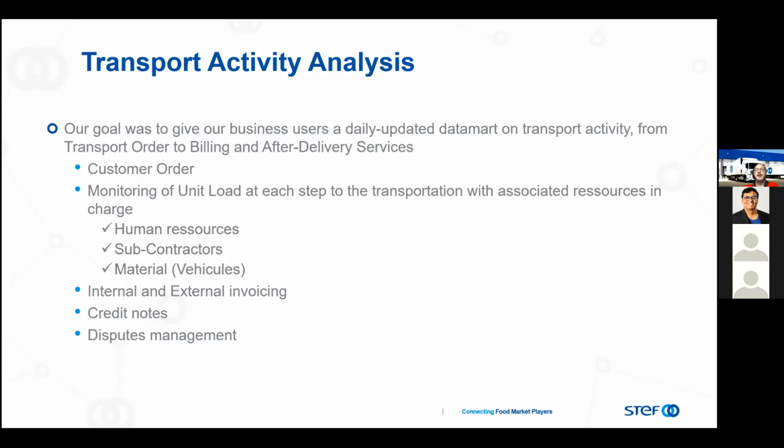When staff end dealing with the customer product, there is of course invoicing, external and internal invoicing, internal between the different sites, credit notes and dispute management, and all this information is placed in one data mart to enable our business to analyze this activity.